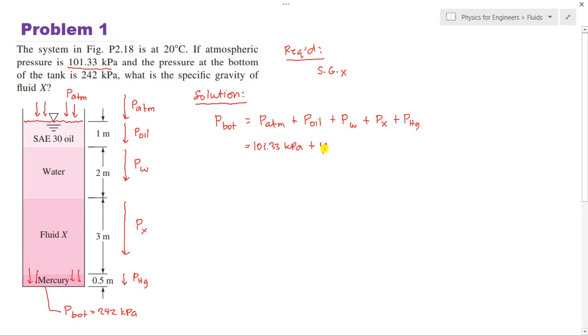So that is the specific weight of oil times the height of the oil, H of the oil. Okay?